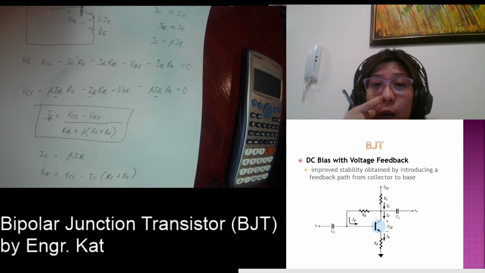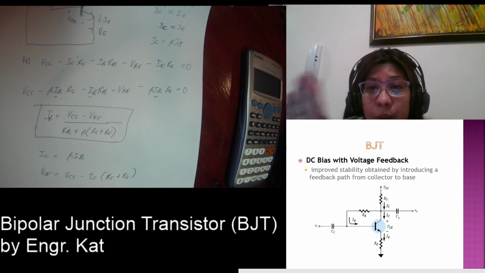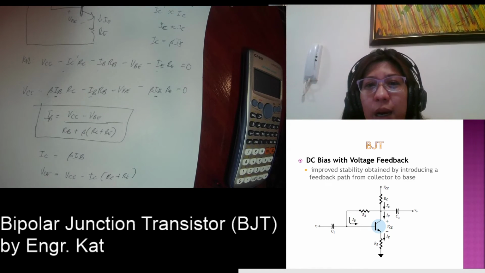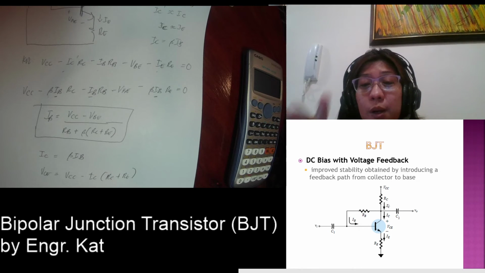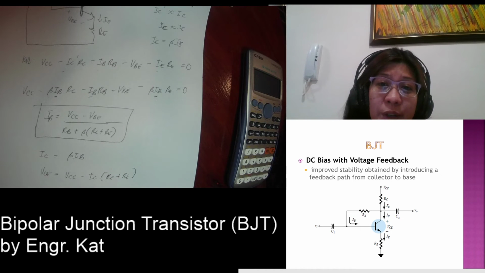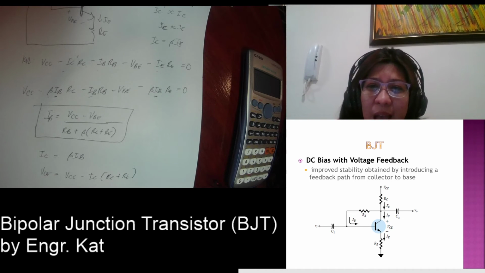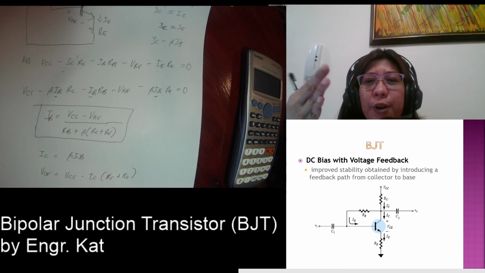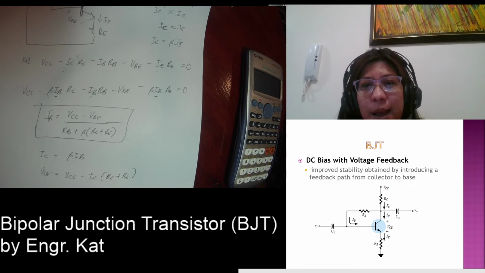So by looking at the output side, the collector to emitter loop is just the same as with the emitter stabilized. It is the same with the voltage divider. So for DC bias with voltage feedback, it is just the same with our analysis using the emitter stabilized and using the voltage divider configuration.